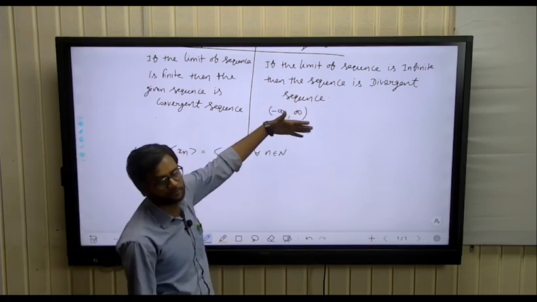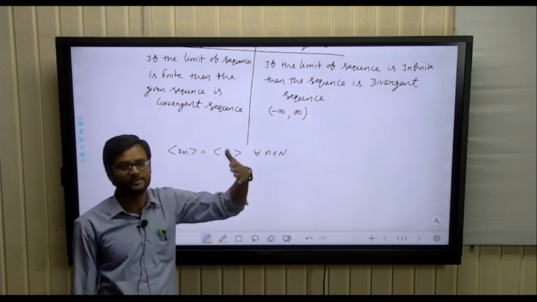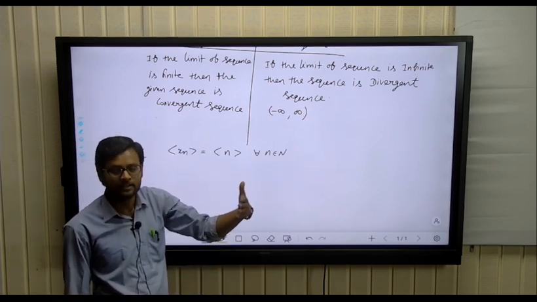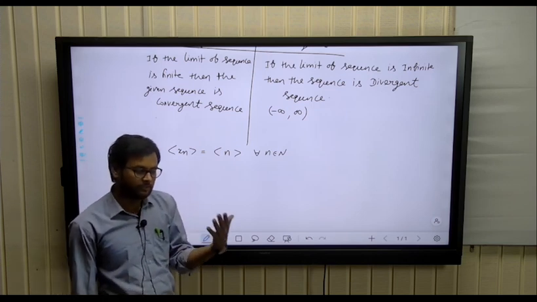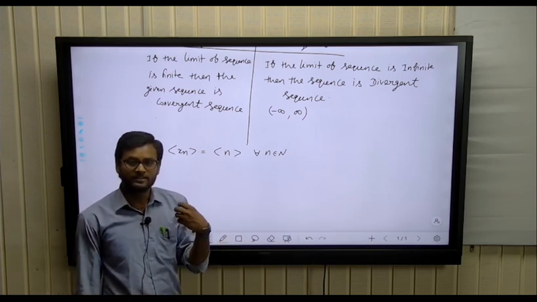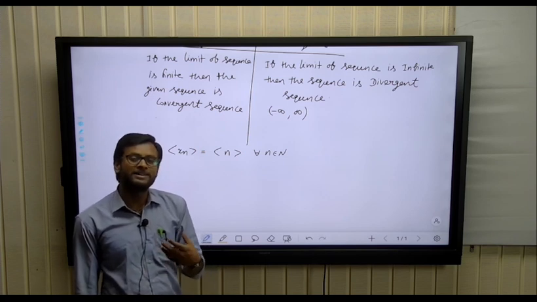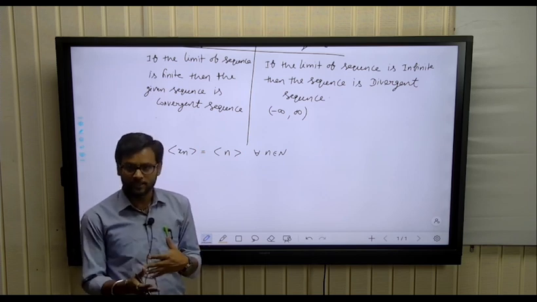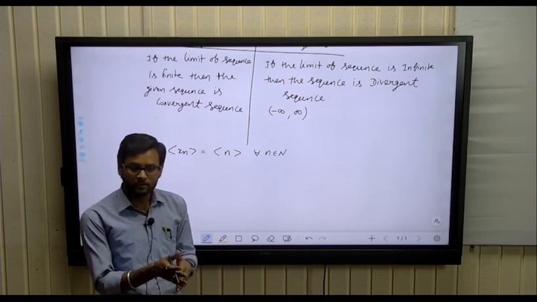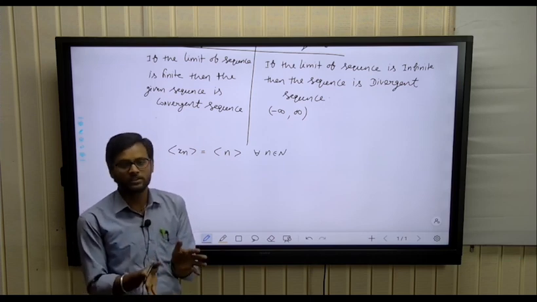First step says to find the limit of the sequence. Second step says to check whether the limit is finite or infinite. Third step says that if the limit is finite, then the sequence is convergent. If the limit is infinite, then the sequence is divergent.